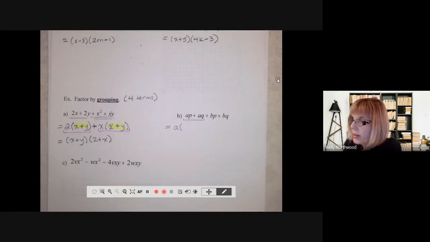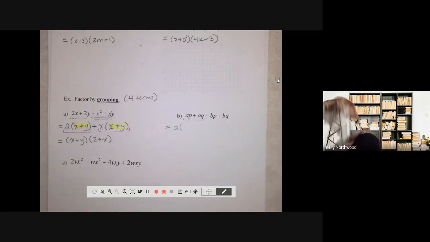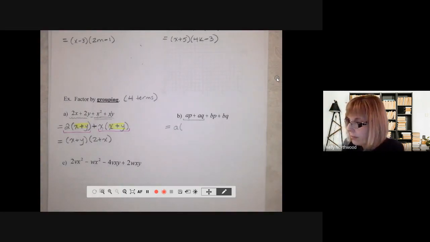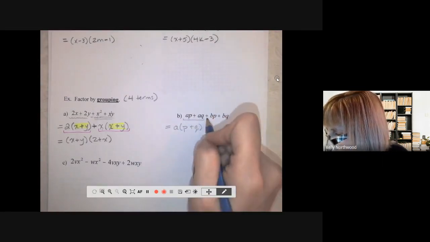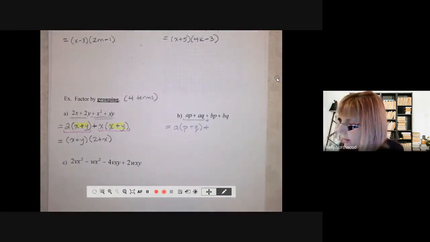And then figure out what you need to multiply A by. Hopefully you figured out it was P plus Q, and then the sign that comes next goes next.